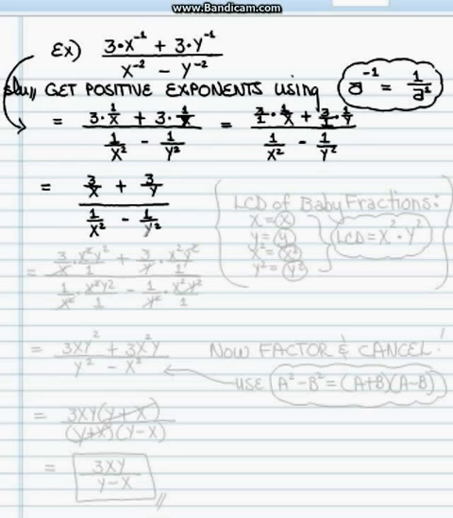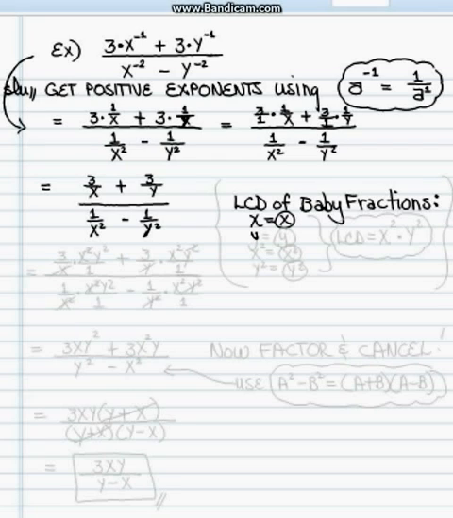I think that I'll just show you the one method, the easiest method, I think, for doing this. I'm going to find the LCD of all the baby fractions. Okay, so you know how you do that. You take each of the fractions' denominators, the bottoms, factor them down, write them in exponential form if possible. So we've got x, it factors down to x.